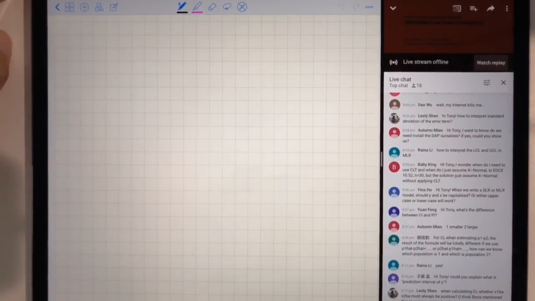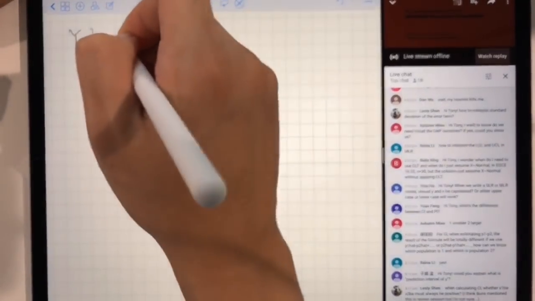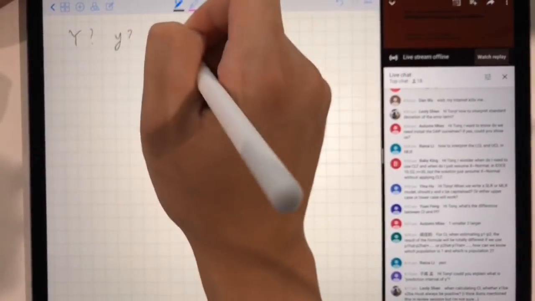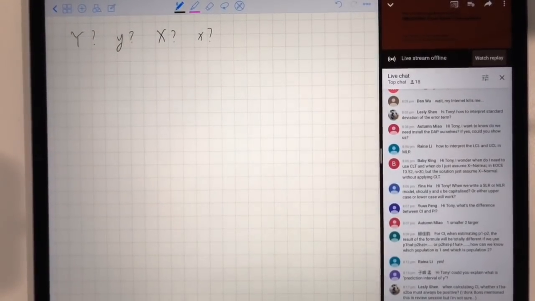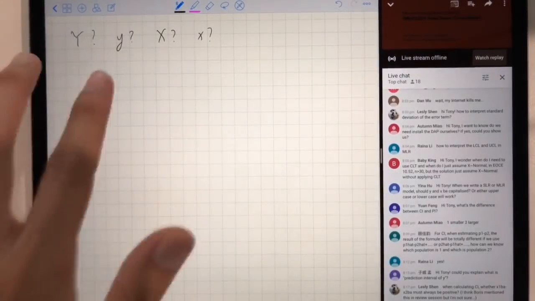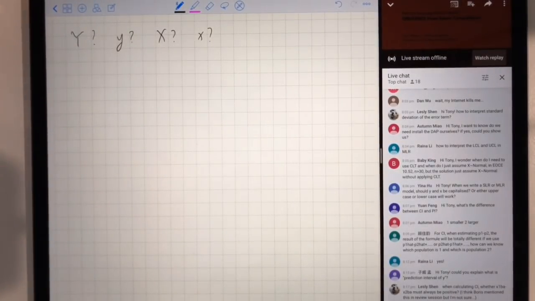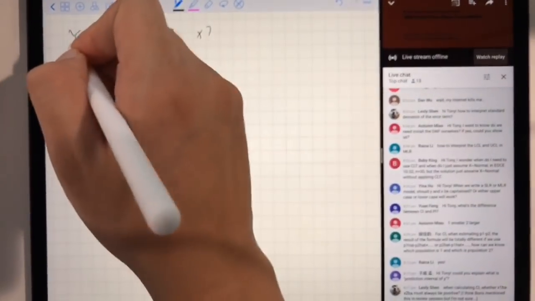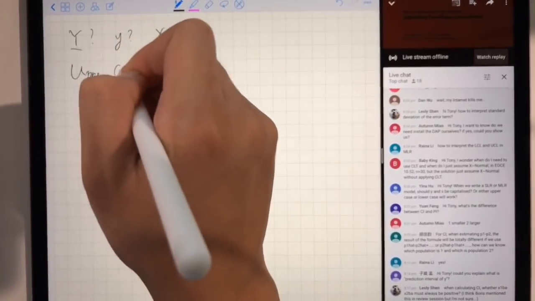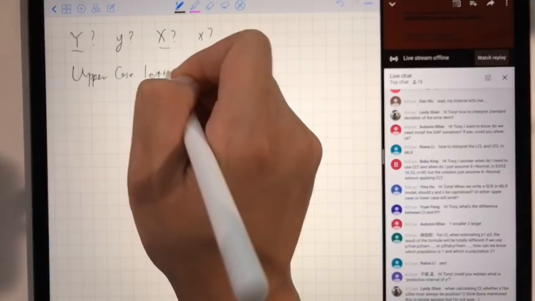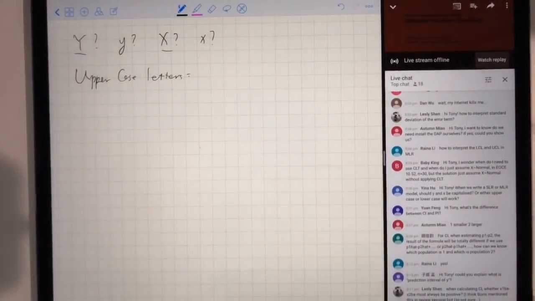All right, so this is actually a very good question. Shall we use big Y or small y, or big X or small x? Now, I don't think your marker will care about the difference between small x, small y, big X, and big Y. But you better know what the uppercase letters usually stand for.